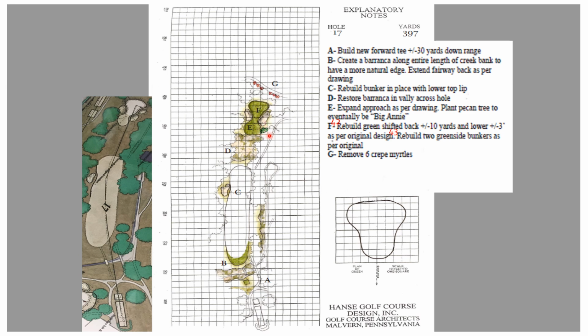Some thought to a tree planting here, if we can find a specimen tree to neck this down a little bit more like the Big Annie tree. It's just more a suggestion than anything. The green comes down a lot. If you think about the back of 17, it's really perched up there. It comes down about 3 feet to set in the ground more.